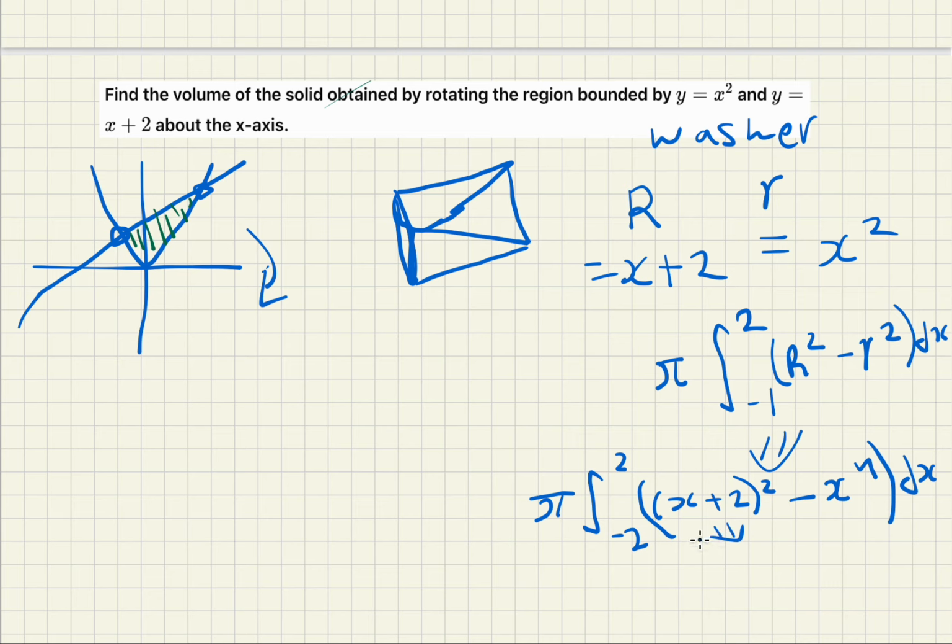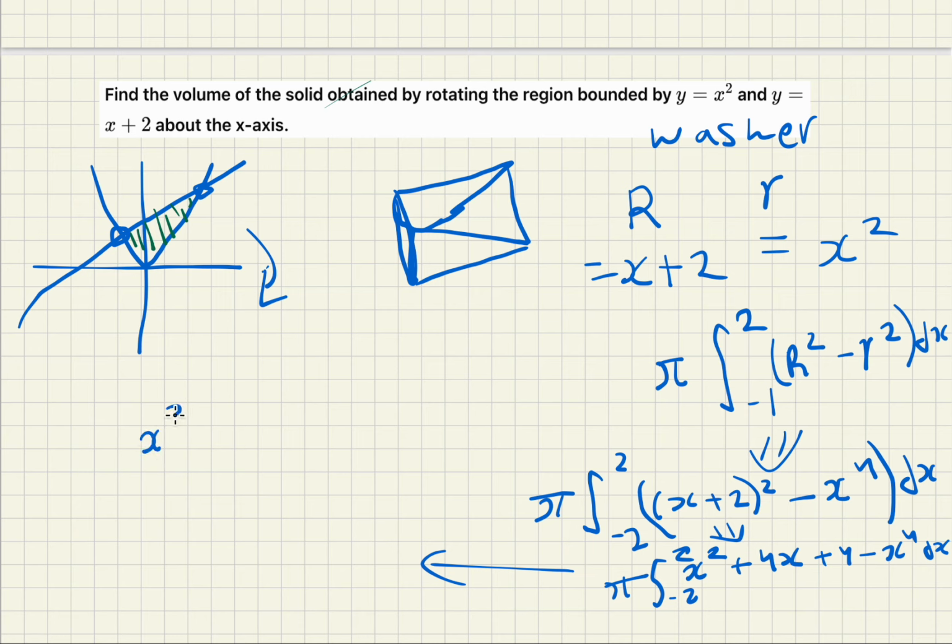What I would do first is expand this, because we can use the power rule then. So I can say x squared plus 4x plus 4 minus x to the power of 4. We get this integral sign, pi and dx. Now we can first integrate and then plug in.